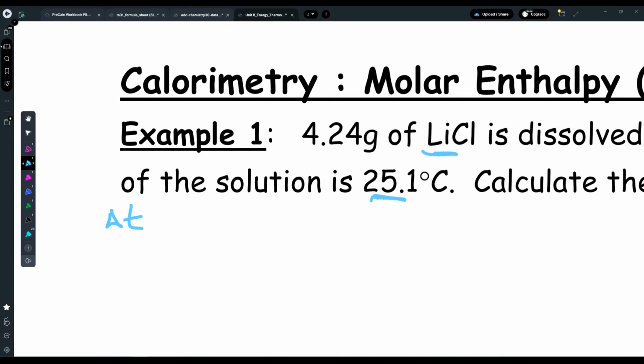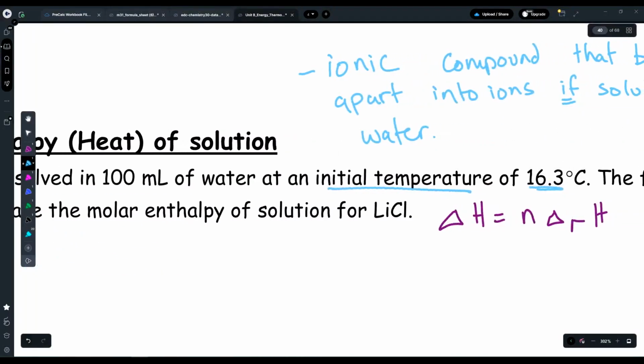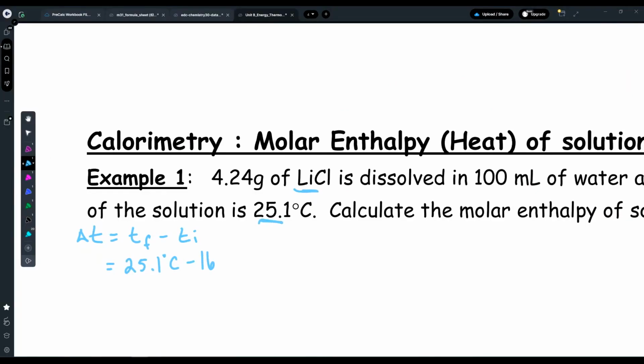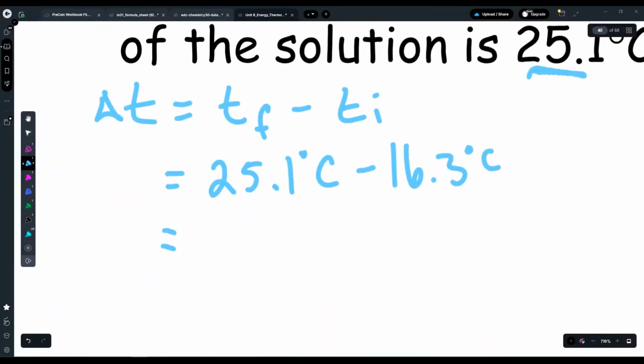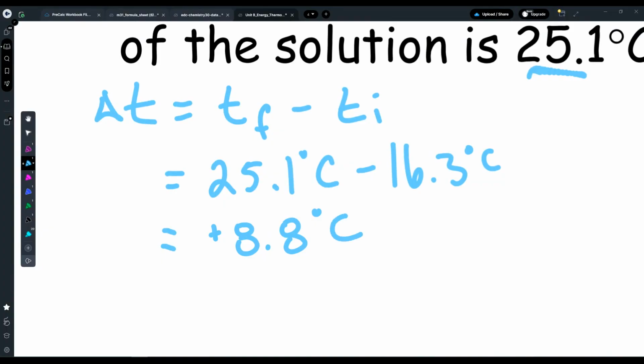Change in temperature is equal to final minus initial. Our final was 25.1 degrees Celsius, minus our initial temperature of 16.3 degrees Celsius. So 25.1 subtract 16.3 gives us positive 8.8 degrees Celsius.